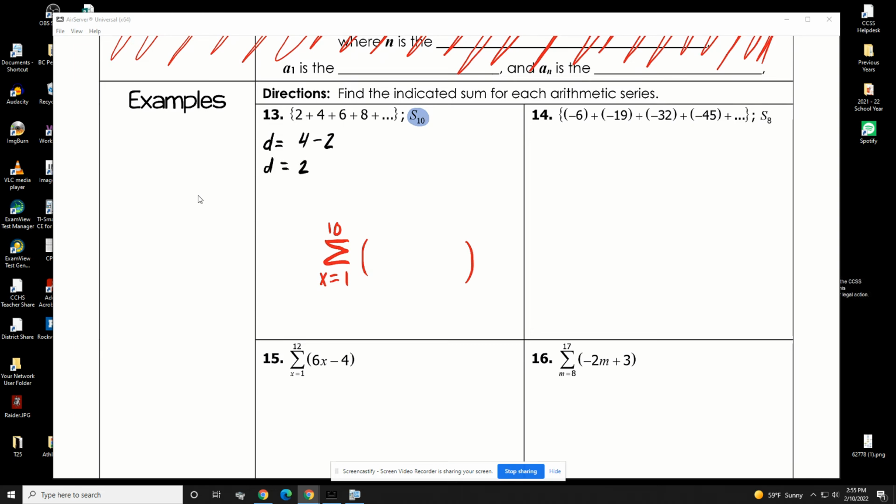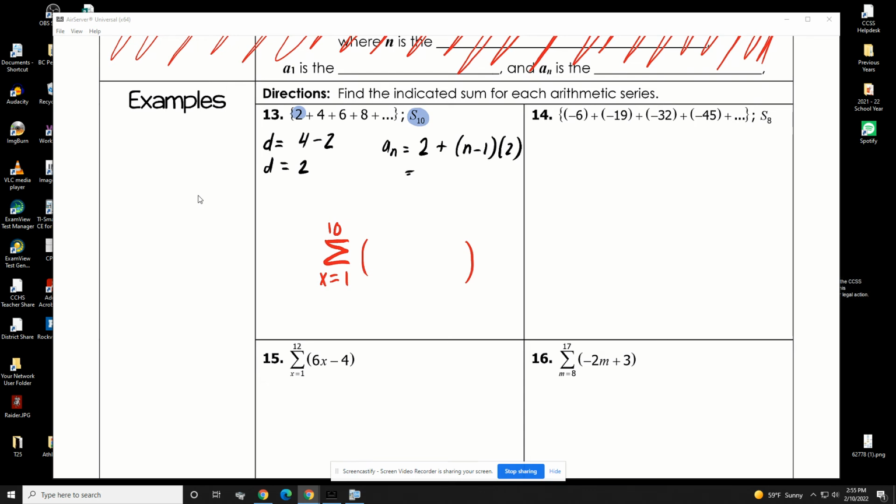Well, don't we know now our common difference and also our first term, which is 2? So I'm going to simply write the explicit formula that represents this. A sub n equals a sub 1 plus n minus 1 times your common difference, which we just said was 2.